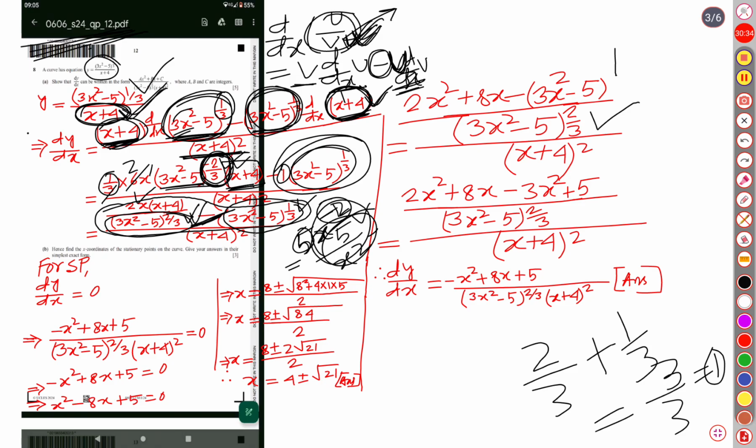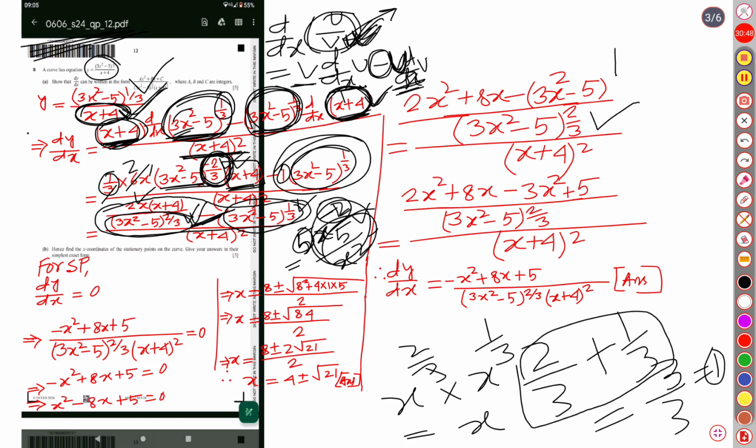You know that x raised to 2 over 3 multiplied by x raised to 1 over 3 is actually x. So only this function will be written, with exponent 1. This is algebraic calculation, addition and subtraction, which you know very well. The denominator is unchanged.